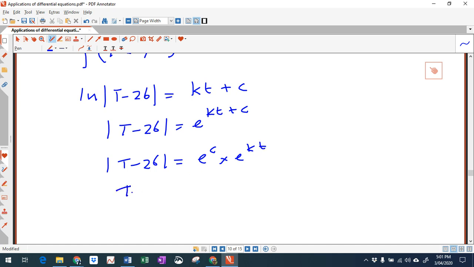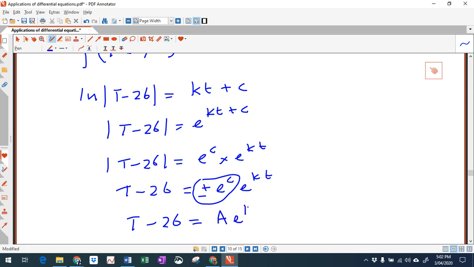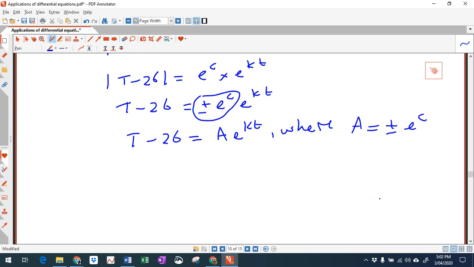Then I'll get rid of the absolute value signs and say T - 26 equals plus or minus e to the c times e to the kt. Now, that is just a constant, so I'm just going to say T - 26 equals A e to the kt, where A equals plus or minus e to the c. Okay, so almost there.